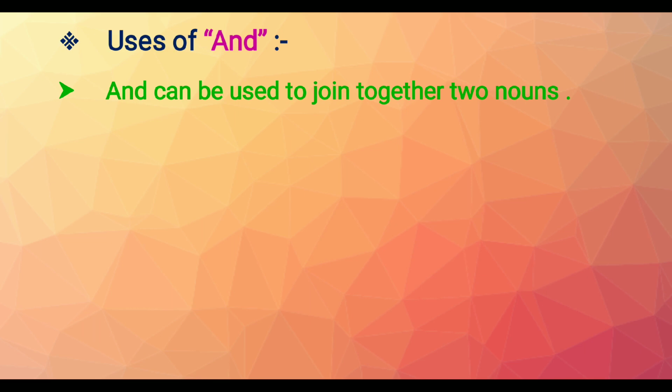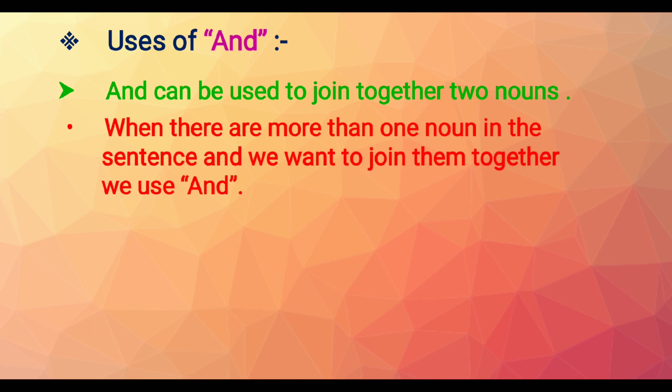And can be used to join together two nouns. If there are two nouns in two sentences, how can we join them? When there is more than one noun in the sentences and we want to join them together, we use and.